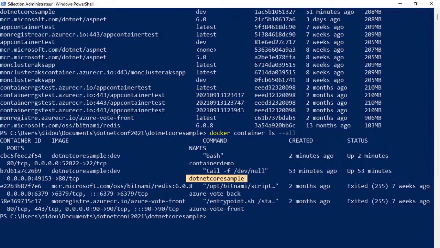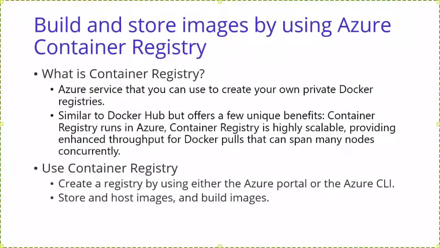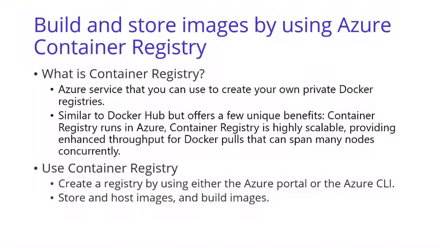So to build and store images by using Azure Container Registry, we need to know what Container Registry is. Azure Container Registry is an Azure service that you can use to create your own private Docker registries. Similar to Docker Hub, it offers a few unique benefits. Container Registry runs in Azure and is highly scalable, providing enhanced throughput for Docker pulls that can span many nodes concurrently.